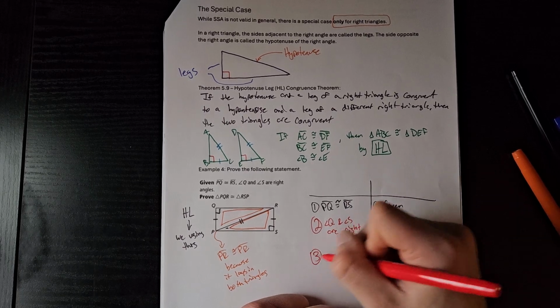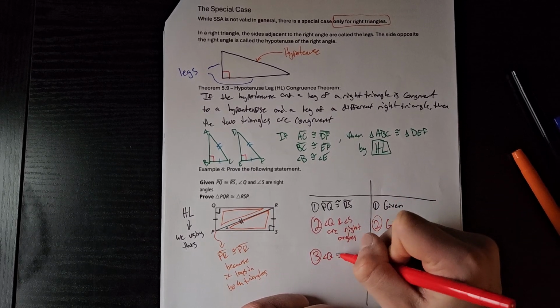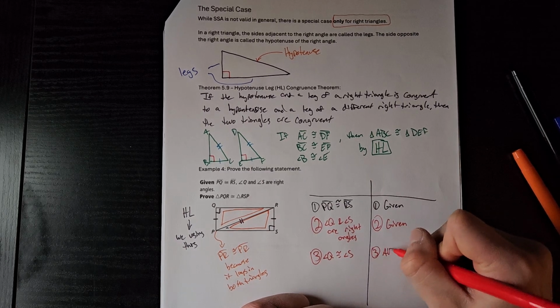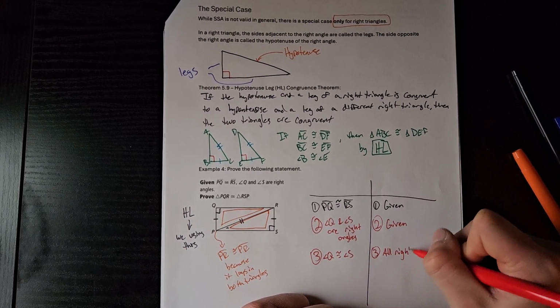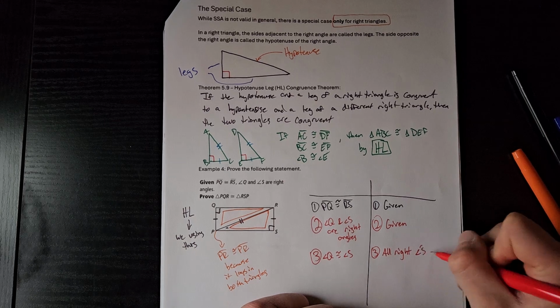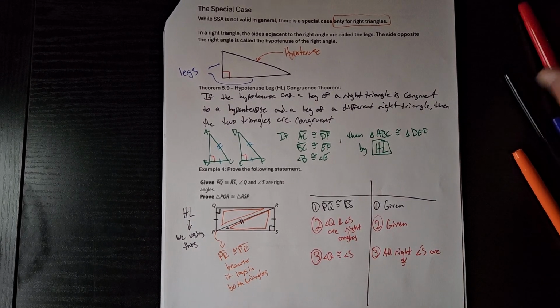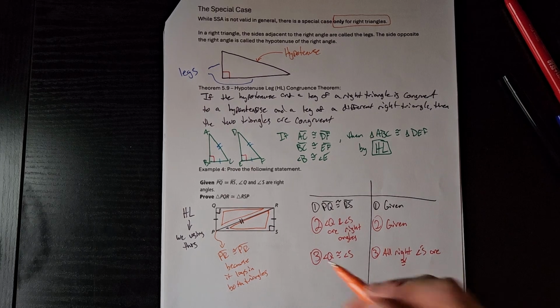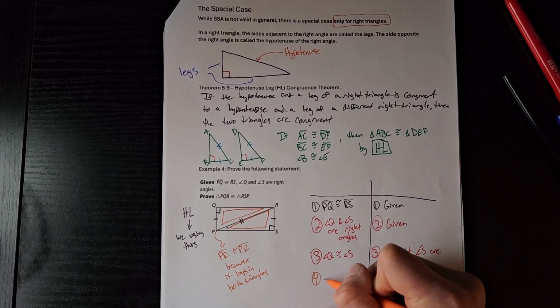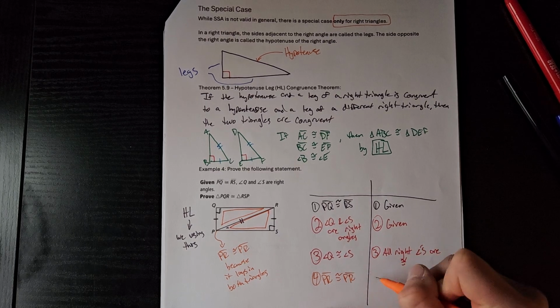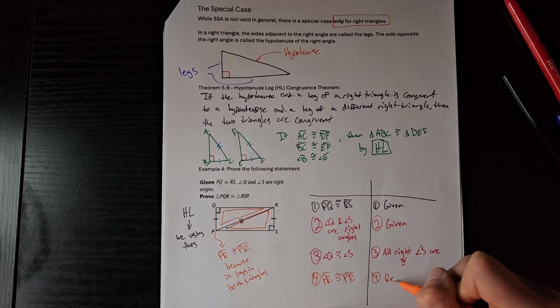I'm also going to say that angle Q is congruent to angle S, and I know this because all right angles are congruent. And to finish off my proof, I can say that PR is congruent to PR by the reflexive property.